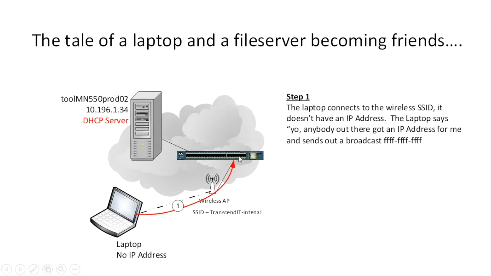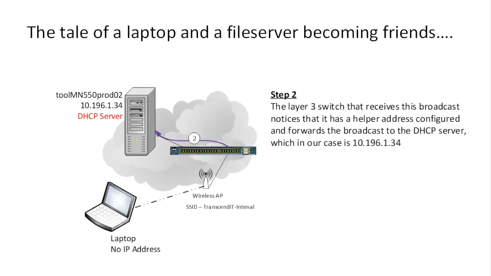And so, step number 2, the switch receives this broadcast, and by itself it doesn't really know what to do with it either. But there's this thing called a helper address, which is configured in the configuration of this switch, which we don't need to get into exactly how it's configured.